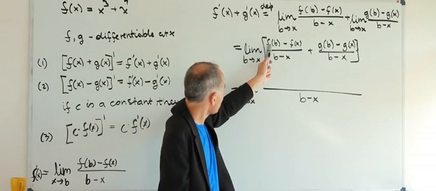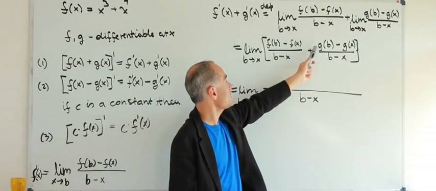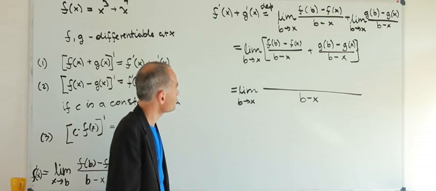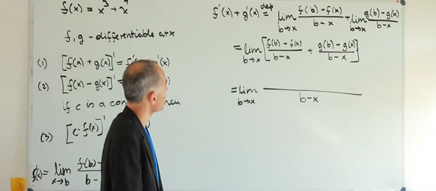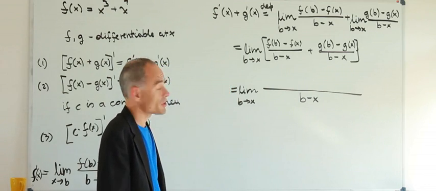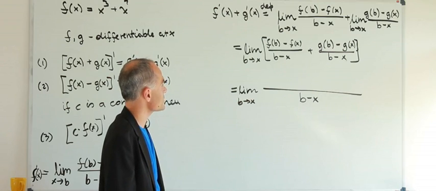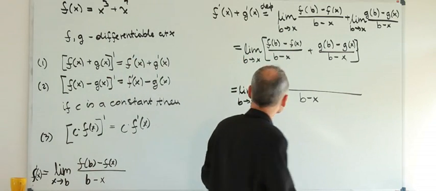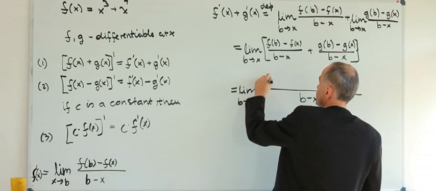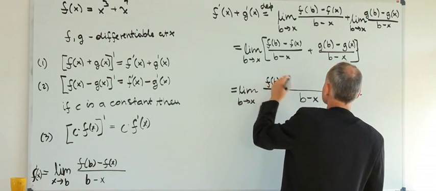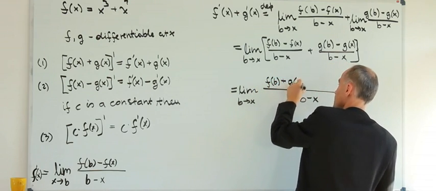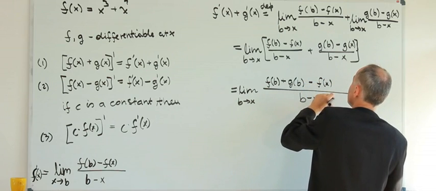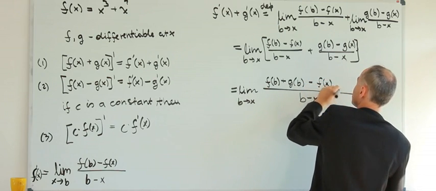I'll have f of b minus f of x plus g of b minus g of x. Okay, so I should write this down, but I'd like to skip one step here and reorder the numerator. I'll write f of b first, then g of b, and then f of x, and g of x.